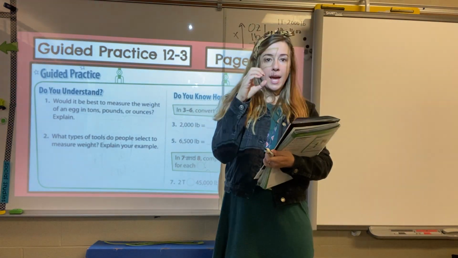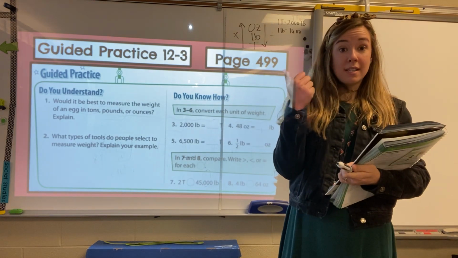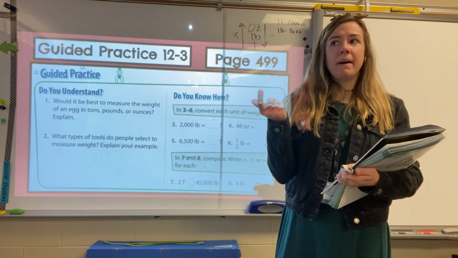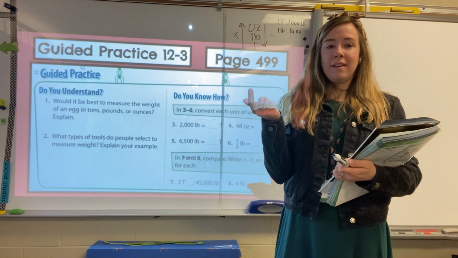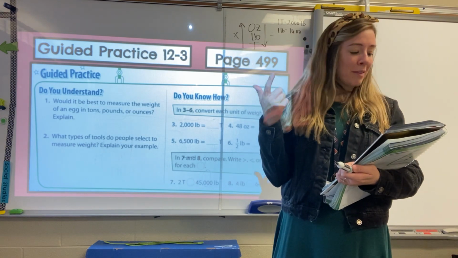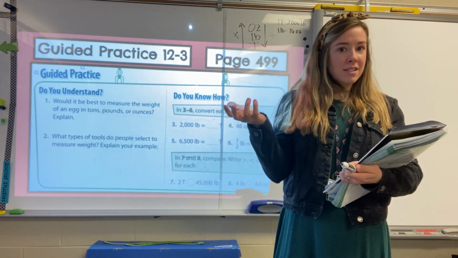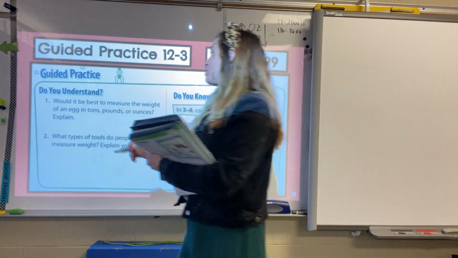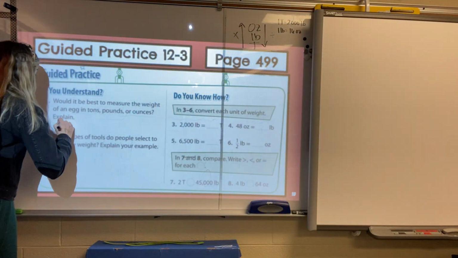Think of a small egg. Do you think we would measure it in tons, like an elephant, in pounds, like a baby? I guess we measure babies in pounds, right? I'm a new aunt, that's all I'm thinking about. Or ounces, something that would be relatively light. If you said ounces, you are correct.